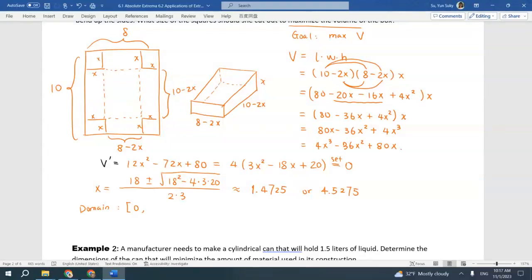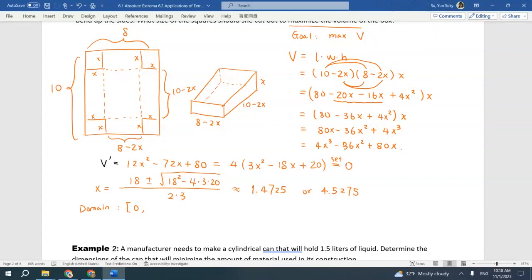And how big? What's the biggest possible? Remember, this paper is 8 by 10 inches, right, everybody? So you cut out the corner. The corner is at most 4 because it's 8 by 10 inches. Your corner is at most 4.